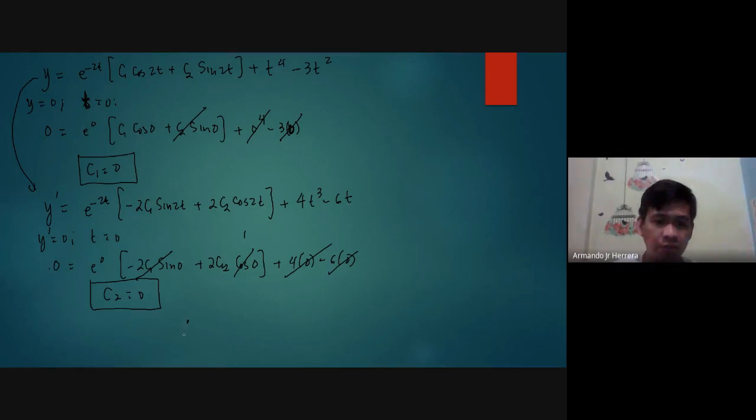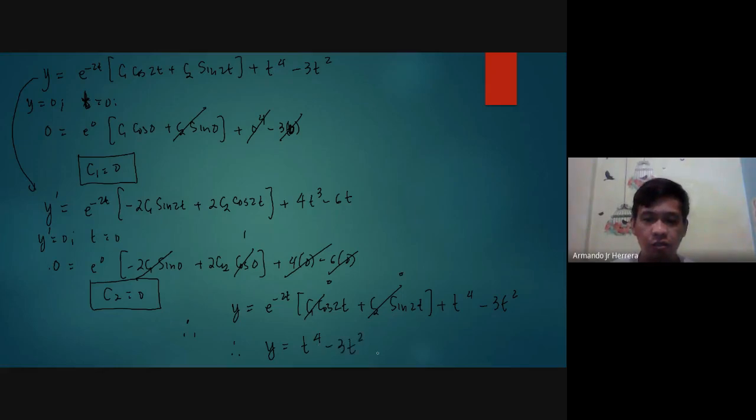So therefore, from our general solution, y is equal to e to the minus 2t times c1 cosine 2t plus c2 sine 2t plus t to the fourth minus 3t squared. C1 is 0, C2 is 0. So therefore, y is equal to t to the fourth minus 3t squared.